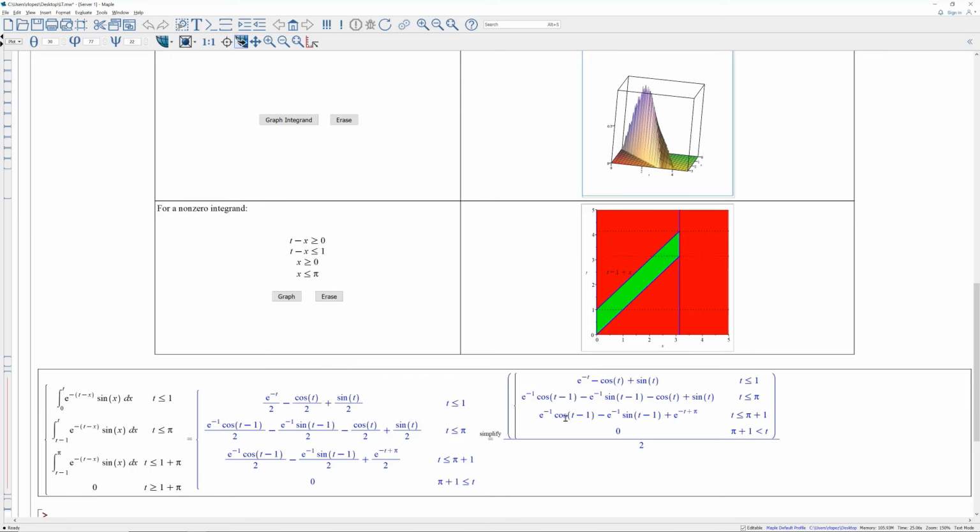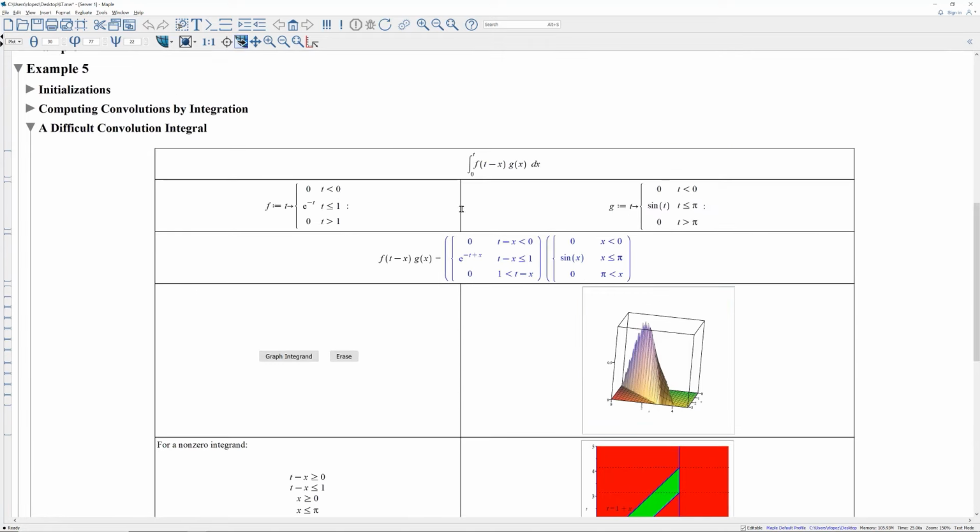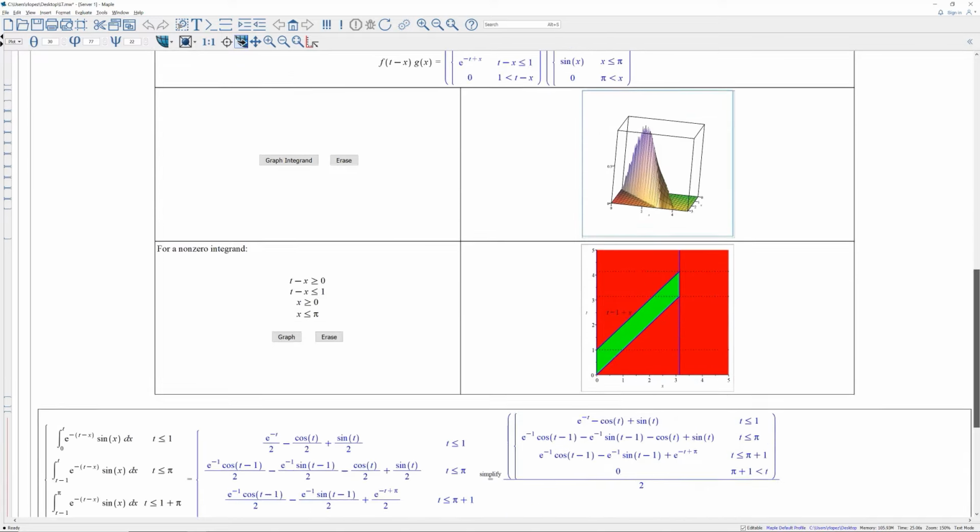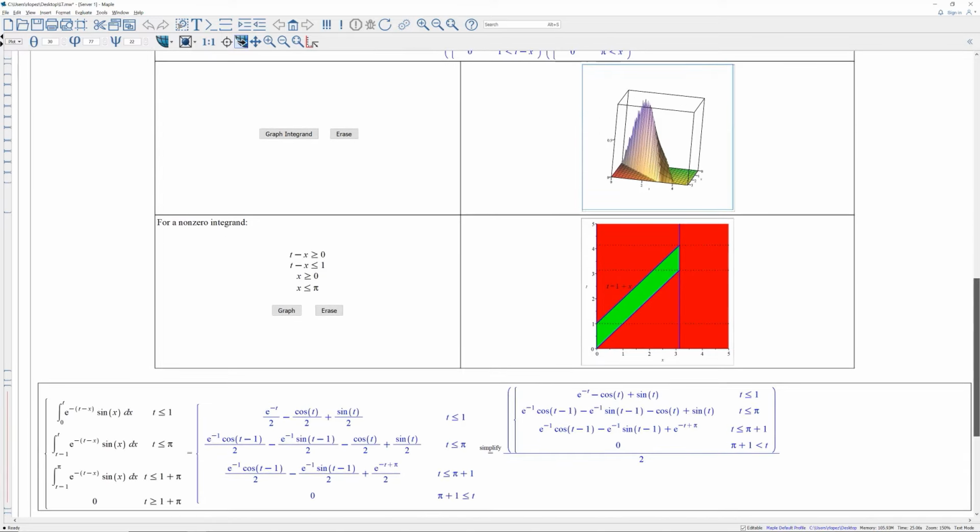Quick simplify gives you this expression. So this piecewise function is the convolution of these two functions. I don't think that's an easy one to get in pencil and paper technology. I think that's very difficult.